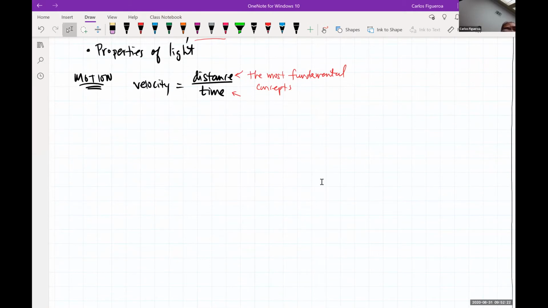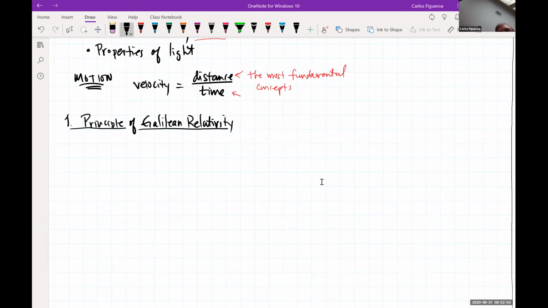So here we go. The first thing that we want to talk about is the principle of Galilean relativity. When you look at this principle, the first thing you're probably saying to yourself is that it must be Galileo who came up with this.